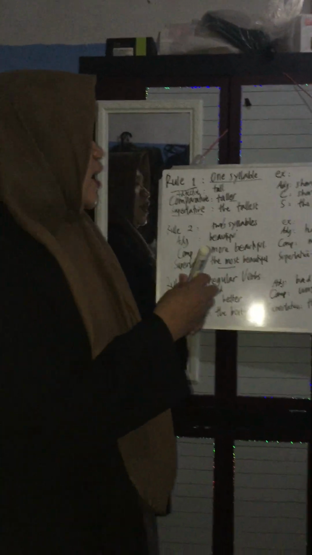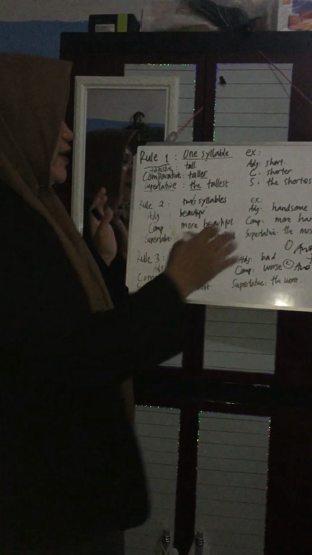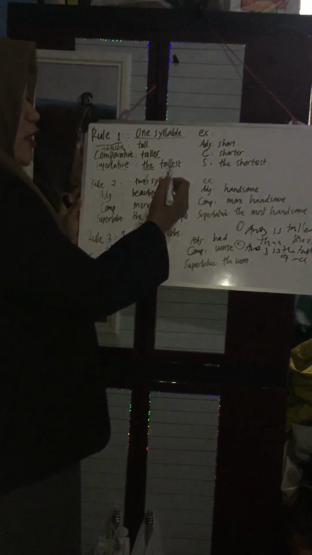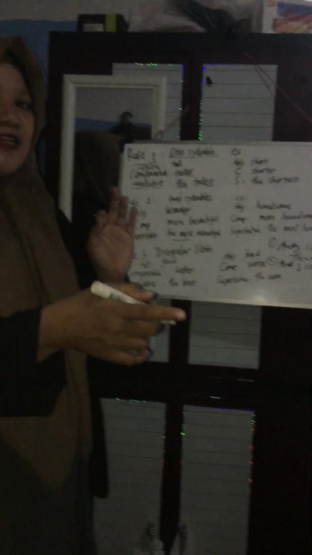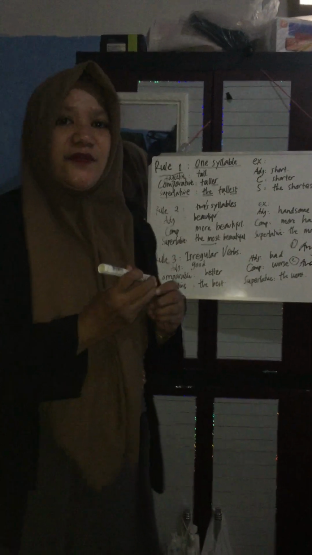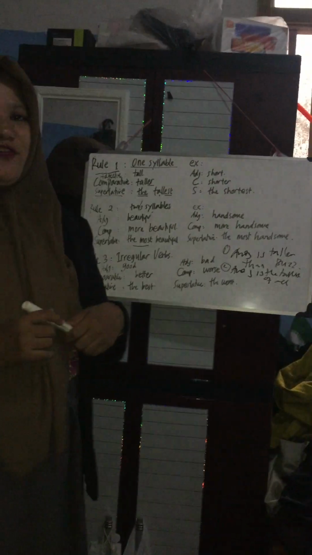Okay, and for the superlative form, you have to add the word the before the adjective, so the tallest, and then EST at the end of the word. Can you repeat? The tallest.